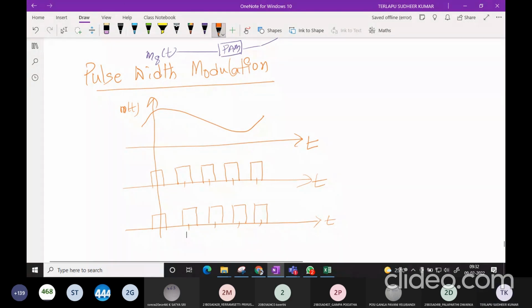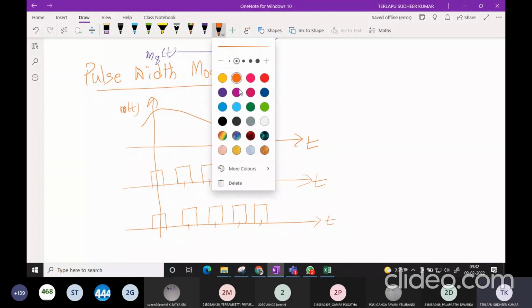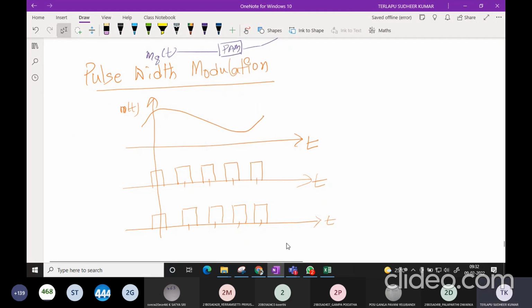So now let me change the color so that you can visualize more clearly. So here the amplitude of m of t is more, therefore my width of the pulse is increased.